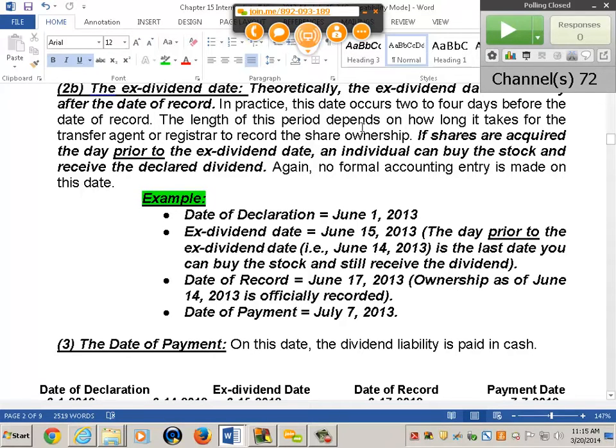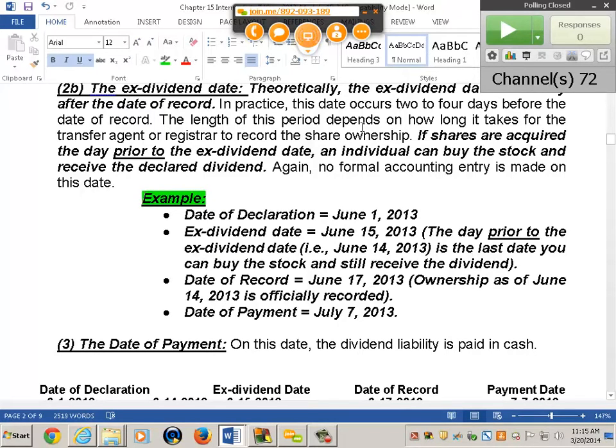This is the date that if you own the stock prior to that date, you would receive the dividend. So if the ex-dividend date is June 15th and you buy the stock on that date, you don't get the dividend. On that date, the stock price drops by the amount of the dividend per share, right? On June 14th, if you own the stock, you get the dividend.